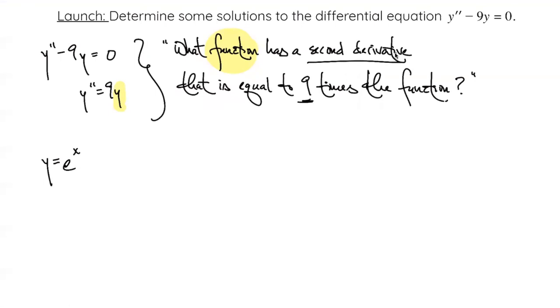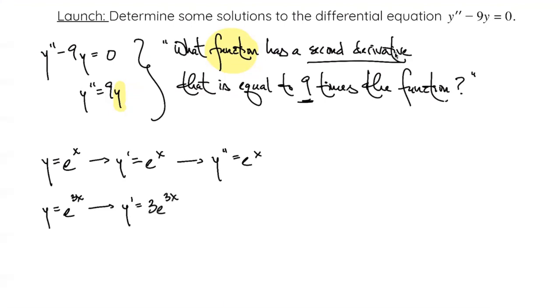If I have this, I end up with y prime equals e to the x, y double prime equals e to the x. That means they're all the same, but how do I make it 9 times? What can I modify here? If it was e to the 3x, let's try that. I take that first derivative, I better use my chain rule.